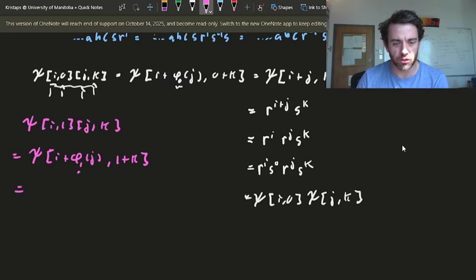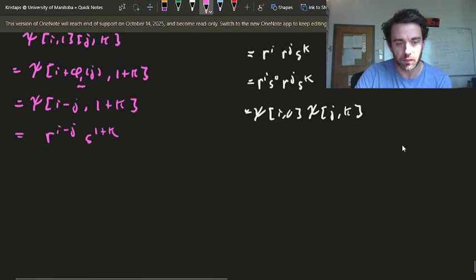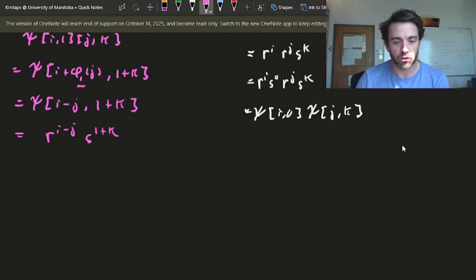And so in this case, remember, this is the automorphism that sends j to minus j. So I have psi of (i minus j, 1 plus k), which we defined to be r to the i minus j, s to the 1 plus k. But of course, I have r^i, r^(-j), s, s^k.